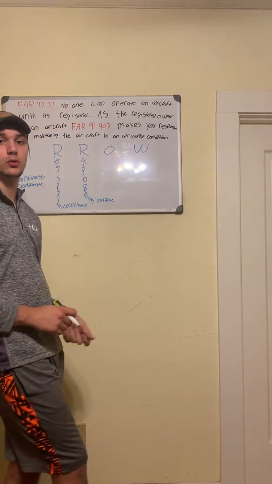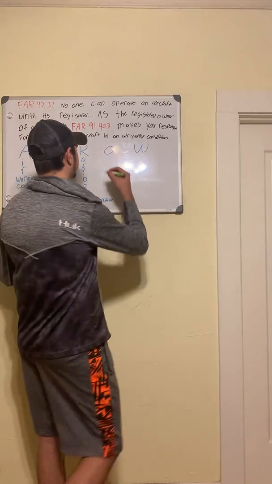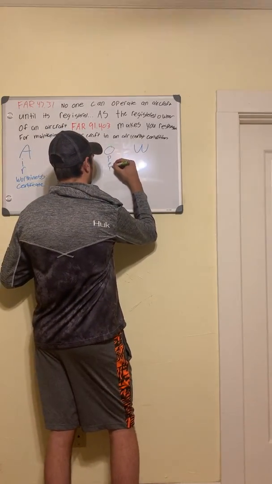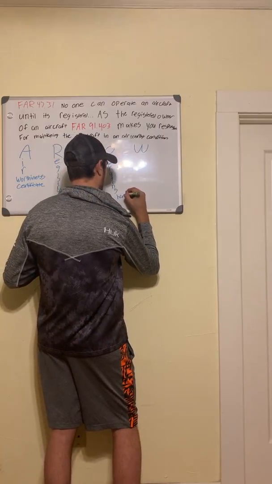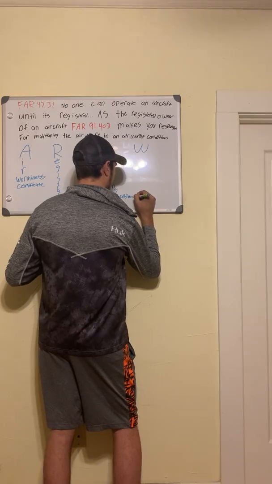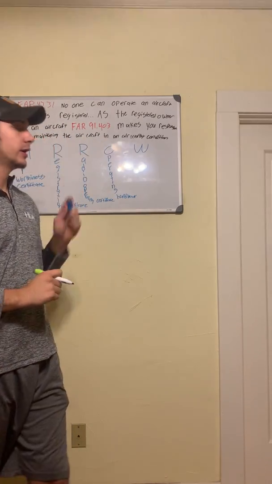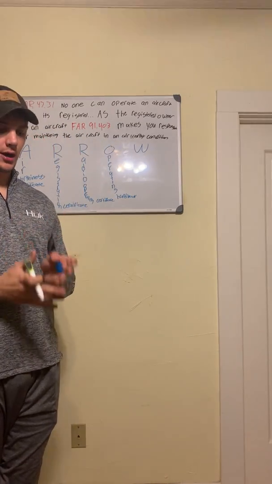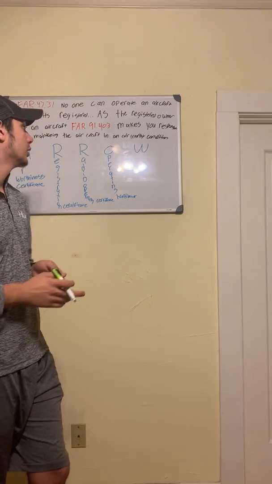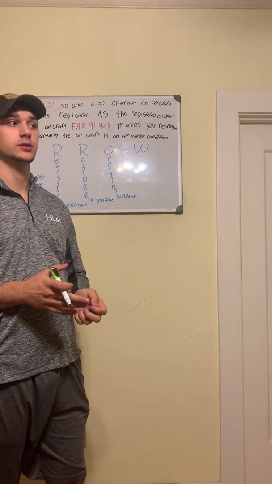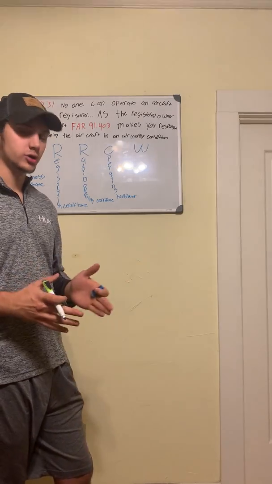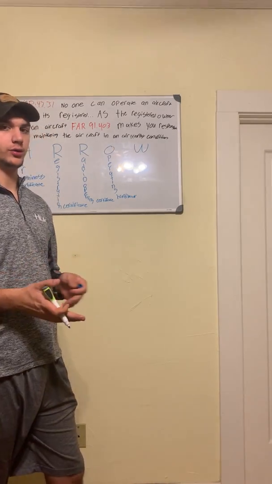The O is for your operating handbook. This operating handbook comes with your aircraft when it's manufactured. You have to have the original operating handbook that is for your specific plane.